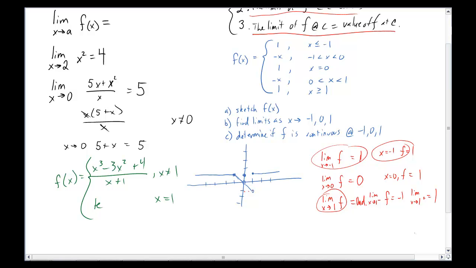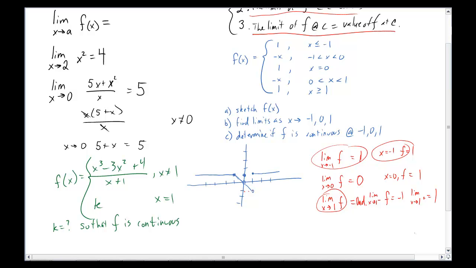All right, so f of x equals this function when x is not 1, and k when x equals 1. The question is, what value does k need? k equals what number so that f is continuous?